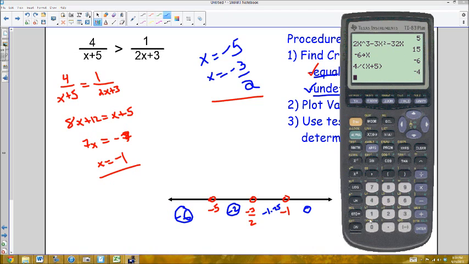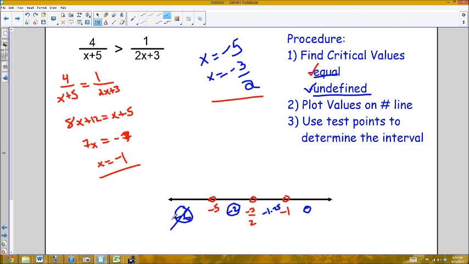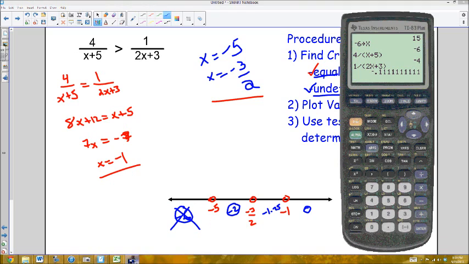I get one value, and I'm going to do 1 divided by 2x plus 3. And I got the other value. So notice that -4 is less than -0.111111. So since this is less than this, this inequality is not true, so I will not be including these points, so that failed the test.